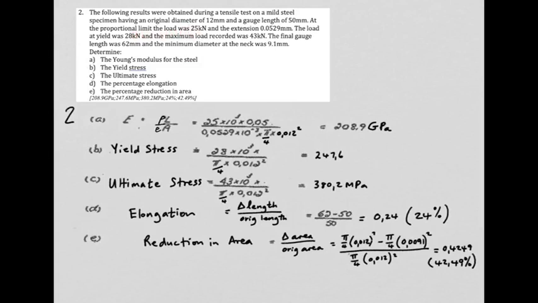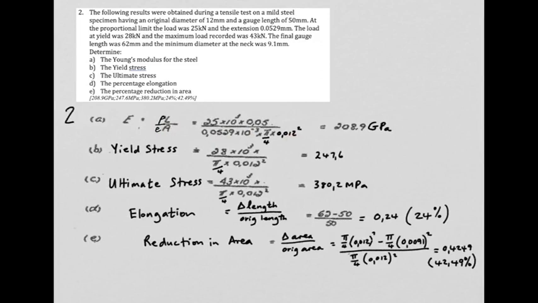Okay, so if we go in and have a look, here we go. At the proportional limit, the load was 25 kilonewtons. Now remember, proportional limit is at the end of the straight line portion. So if we use that as our load, knowing that we are indeed within the straight line portion of the graph, we find the applicable other values to go with it: 25 kilonewtons load, length of specimen, the gauge length was 50 millimeters, and down here we have the extension, which was given, and of course the cross-sectional area at a 12 millimeter diameter.